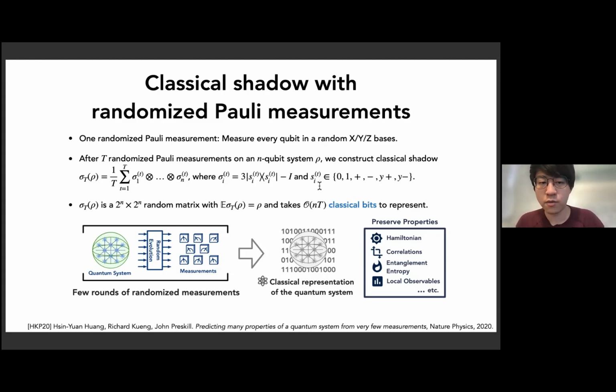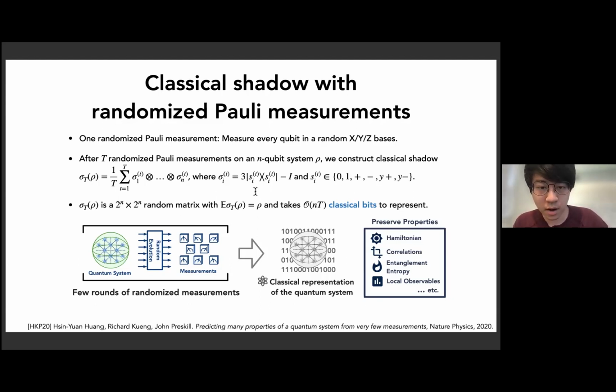The small i goes from 1 to n, where n is the number of qubits. In particular, for each of them, it will either be a 0 state, a 1 state, a plus state, a minus state, a y plus, or a y minus. So basically one of these 6 outcomes.